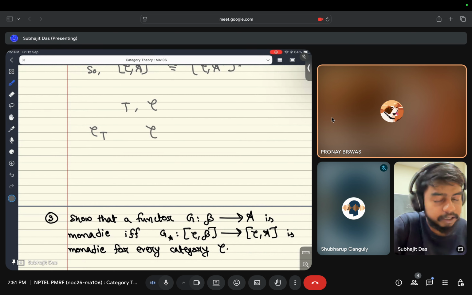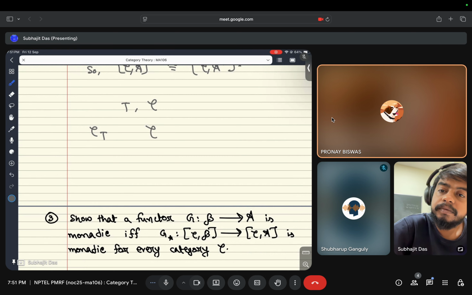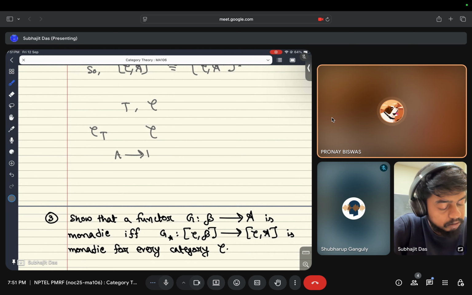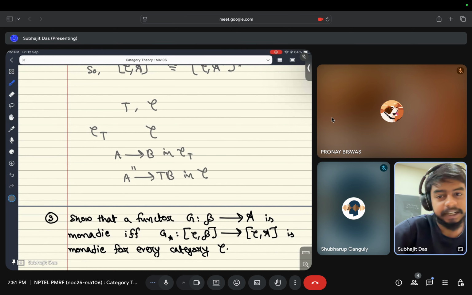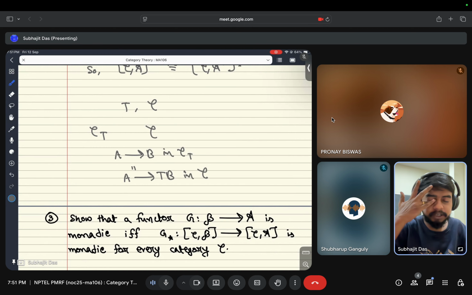Objects are the same as C, okay. This is exactly a morphism A to TB in C. Right. And do we know any universal property?